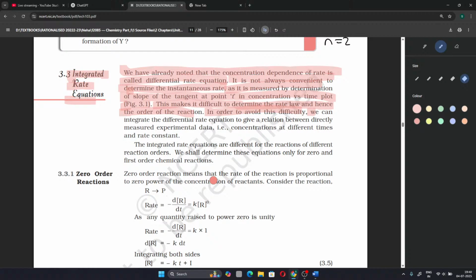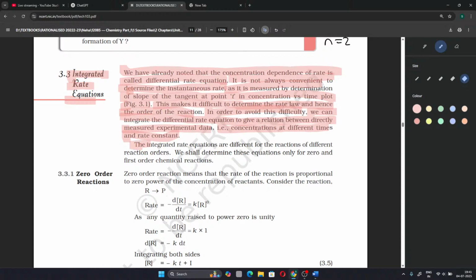To avoid this, we can integrate the differential rate equation to give a relation between directly measured experimental data, that is concentration at different times, and the rate constant.